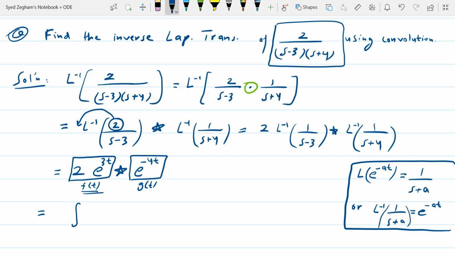In our f(t), we replace t by u, so that becomes 2 e power 3u, multiplied by g(t minus u). Wherever you have t, you replace it by t minus u. So that will become e to the power minus 4 times (t minus u), integrating with respect to u over the limits 0 to t.